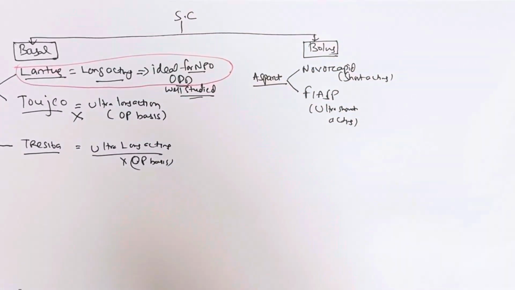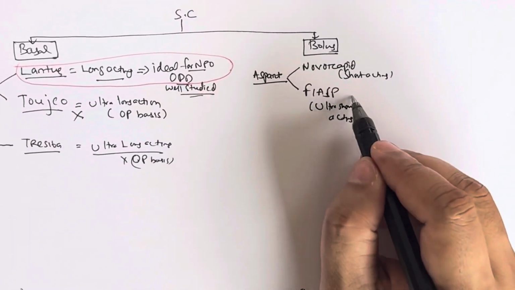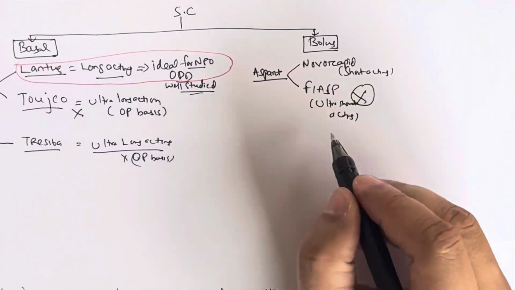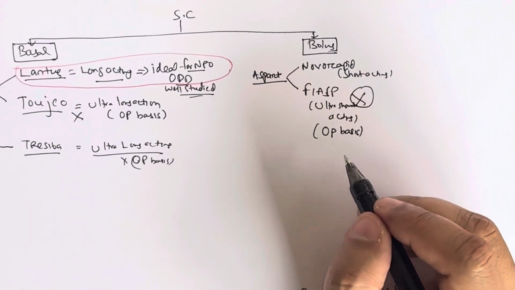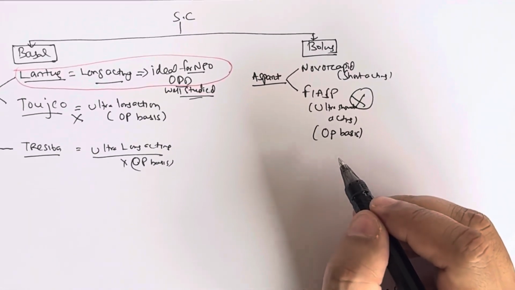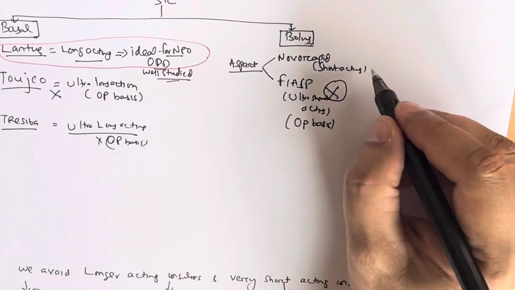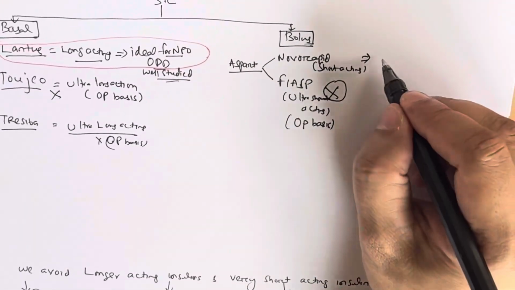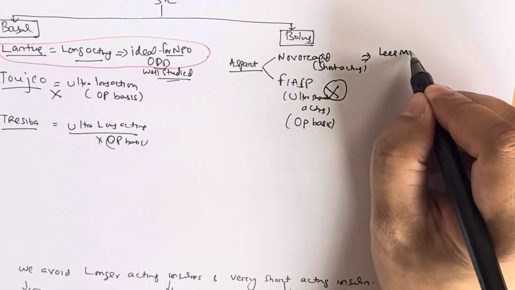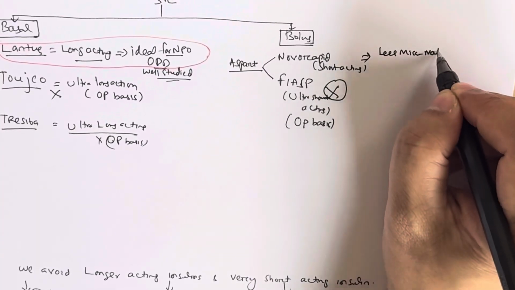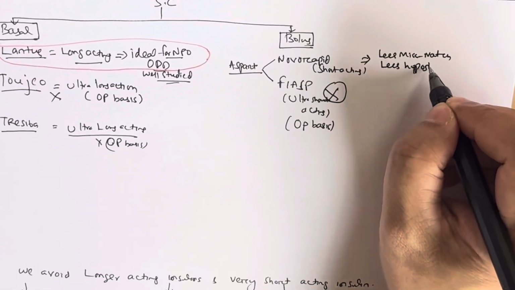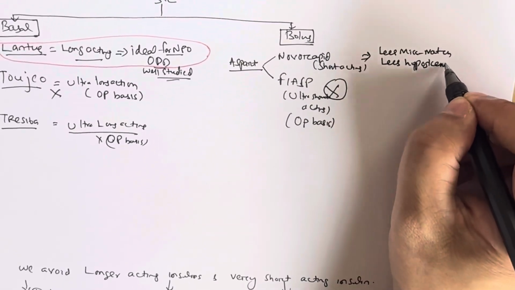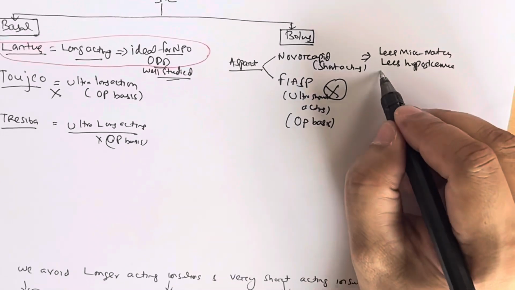Again, by the principle, ultra short acting we do not prefer in ICU. This is mainly OP basis, where we have a stable clinical condition, stable meal pattern, everything is normal. Novorapid has less mismatch, less hypoglycemia, and it is much more studied.